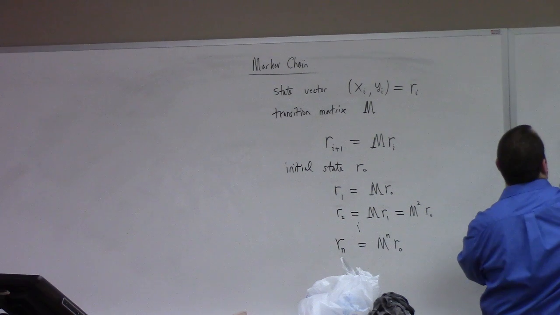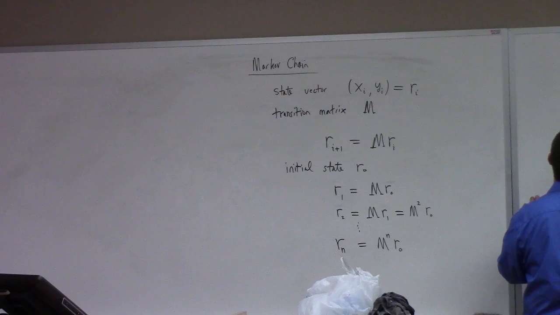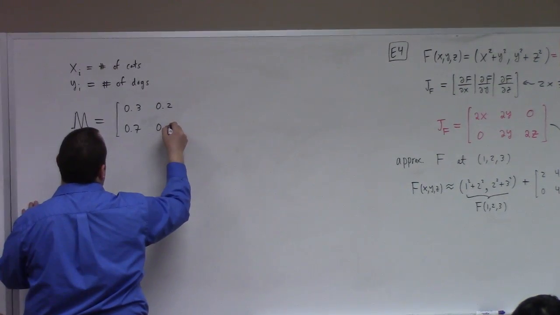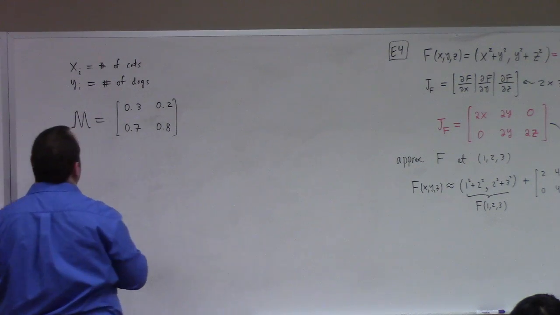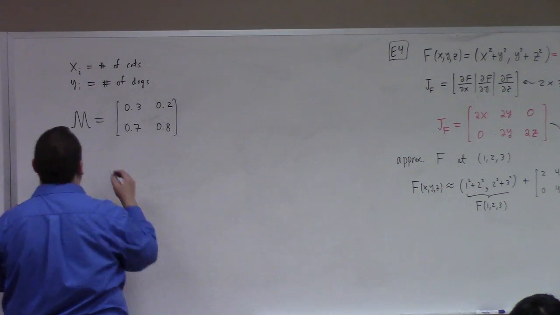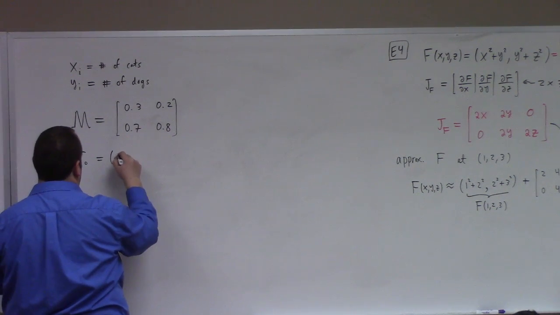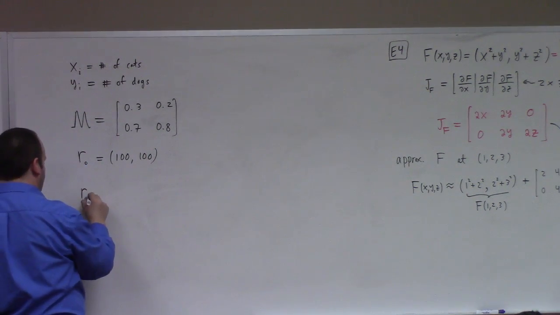And we could let M equal, I don't know, 0.3, 0.7, 0.2, 0.8. I don't know if I can do this or not. We'll decide in a second if it makes sense or not. And so if I say that R naught is equal to, I don't know, 100, what's R1?